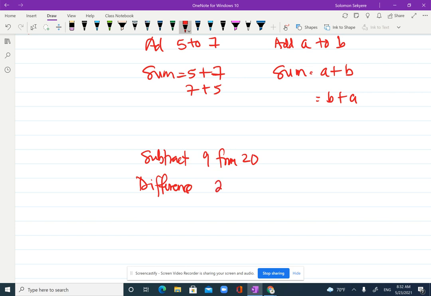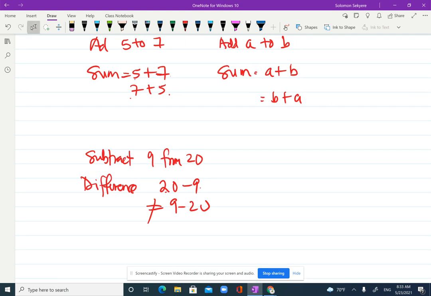So we say 20 minus 9, and that's how we write it. It's not equal to 9 minus 20. In addition, 5 plus 7 is the same as 7 plus 5. In subtraction, 20 minus 9 is not the same as 9 minus 20.